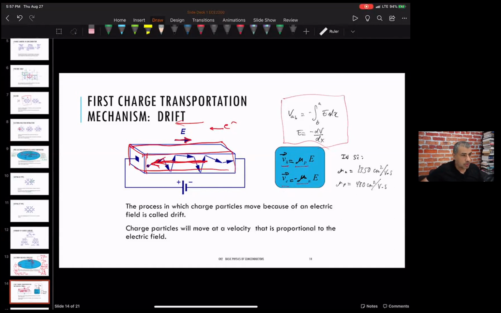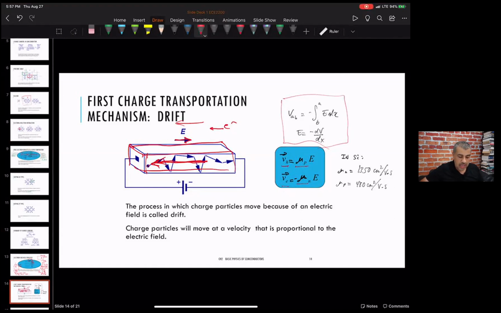Okay, so where were we? We were talking about the velocity of the holes and the velocity of the electrons as a function of the electric field, with this proportionality constant called the mobility.